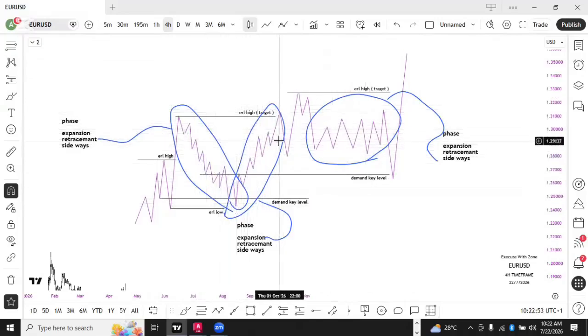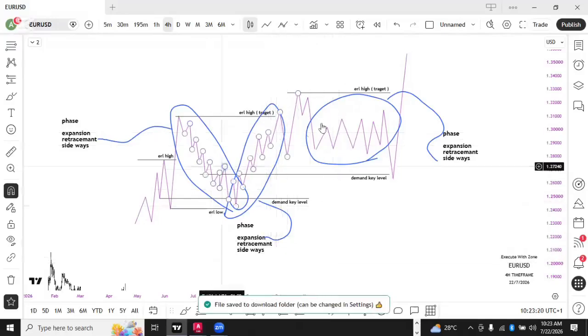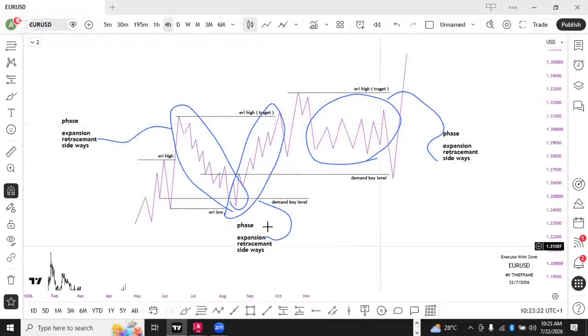But you don't want to start waiting till price now gets to a particular higher time frame demand zone. That's when you now start using your internal structure for your intraday move, as a day trader. So that's just it about this. And all these things I just explained now is what I call order flow. And this is just an order flow of a larger market, you get me?